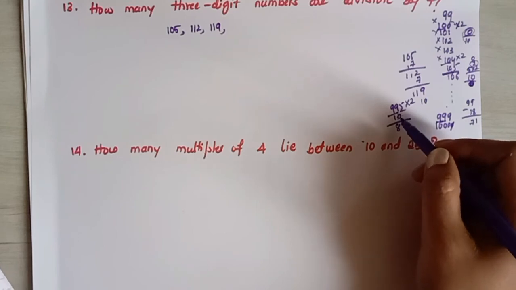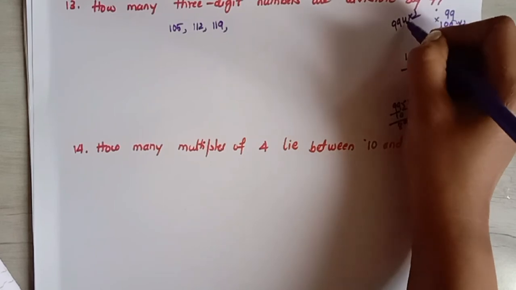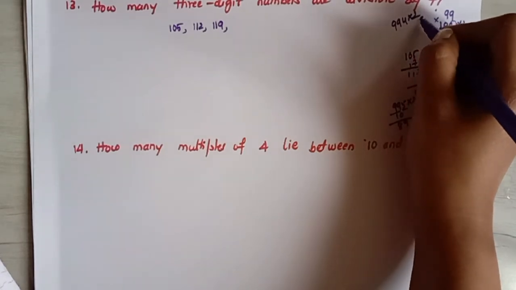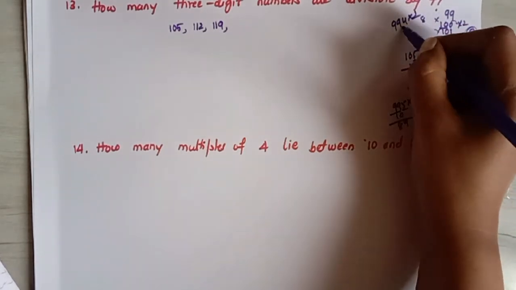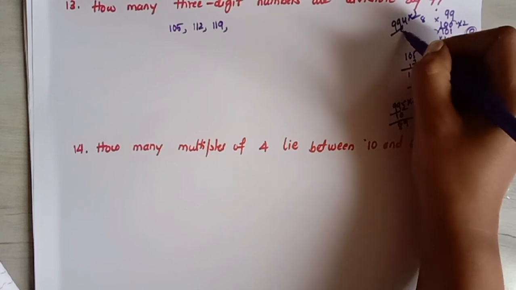So let us take 994. Let us multiply the last digit by 2. So this will be 8. We have to subtract this 8 from 99.